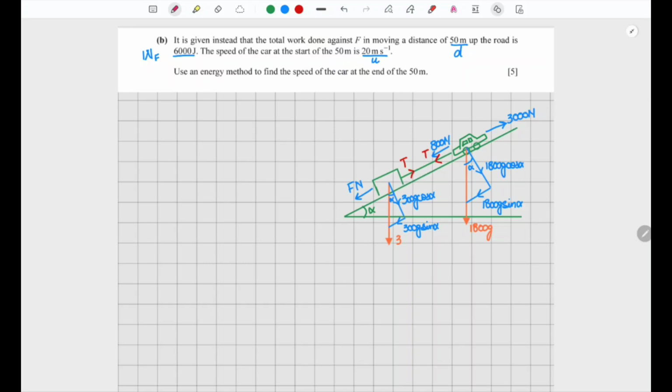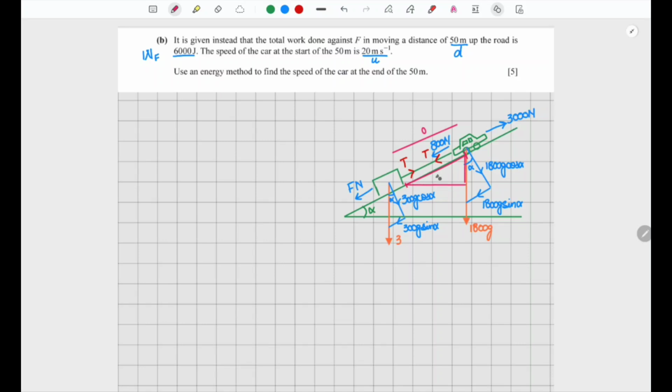Okay, so let's first take just the car. The car has covered a distance of 50 meters. First it was here and now it has reached here. Now if it has covered a distance of 50 meters, we are supposed to resolve it also.